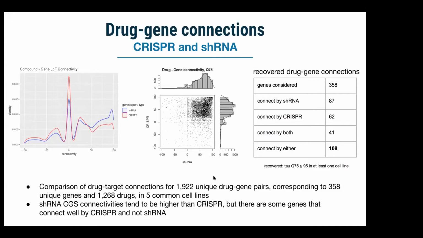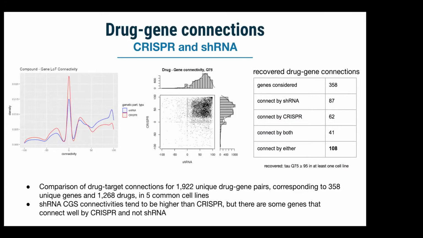But if you apply some thresholds to these data, where we're asking for the aggregated connectivity between a compound signature and the genetic loss of function signature to exceed a tau value of 95, meaning that the targeted gene signature is in the top 5% of all connections to the compound, we'll consider that a successful recovery of the targeted gene signature.